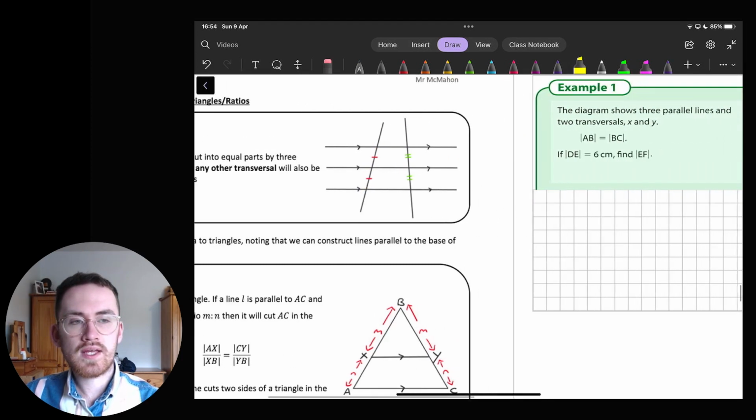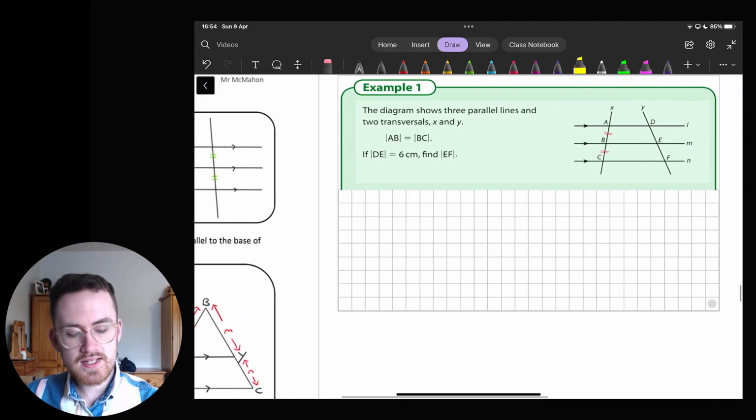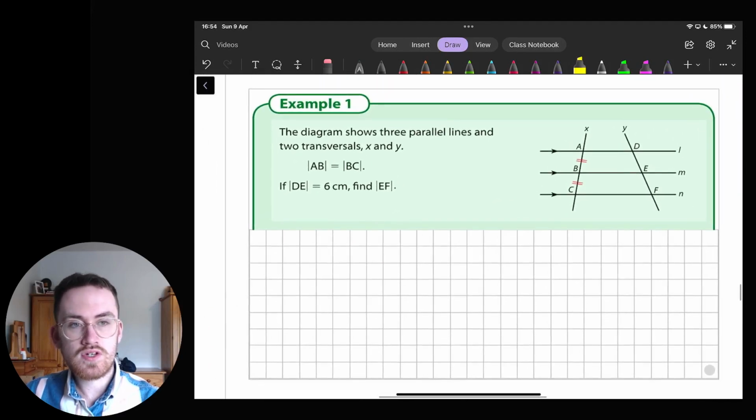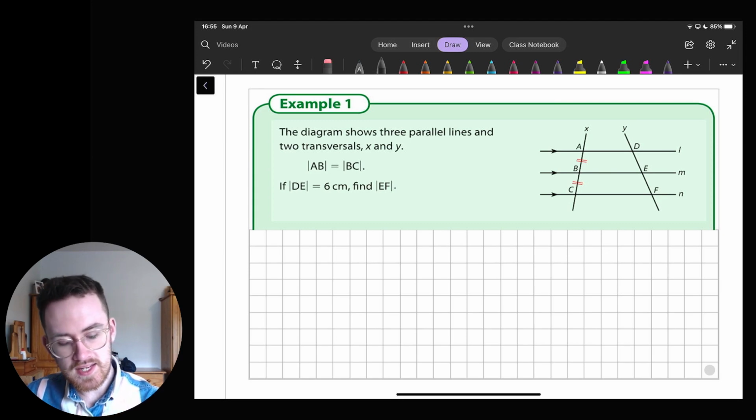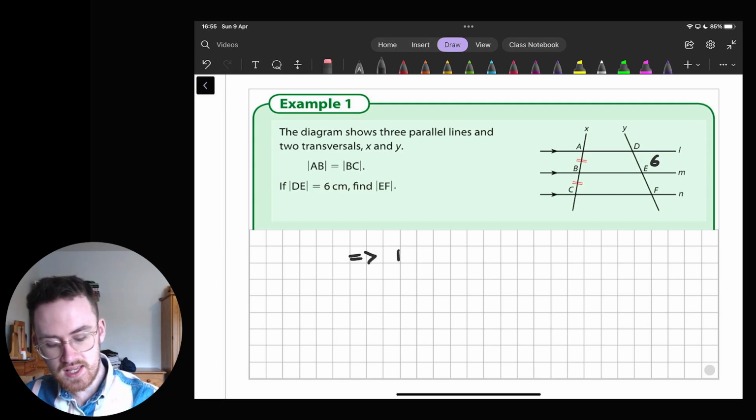So let's look at a quick example of how that works in practice. This diagram shows 3 parallel lines and 2 transversals, so 2 lines that go straight across. AB is equal to BC because it divides it into equal parts. And we're told DE is equal to 6 centimeters. So we have to find EF. We can simply say that the length of EF is 6 centimeters.